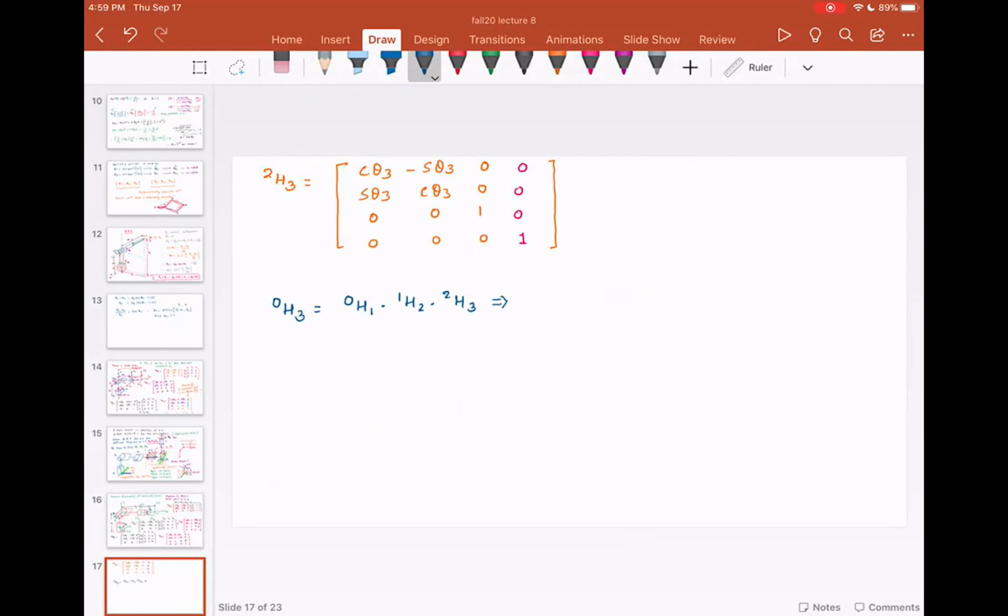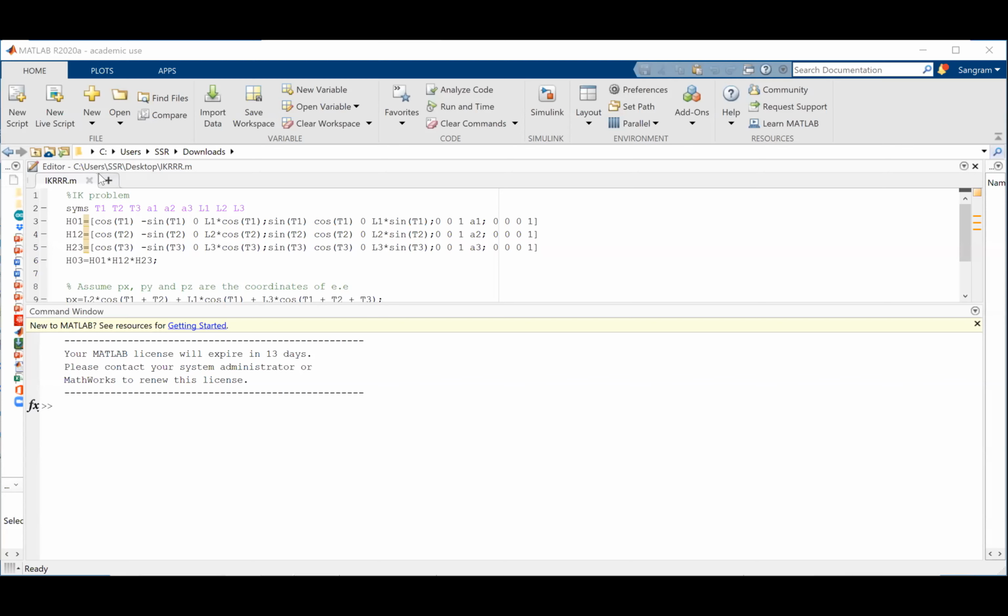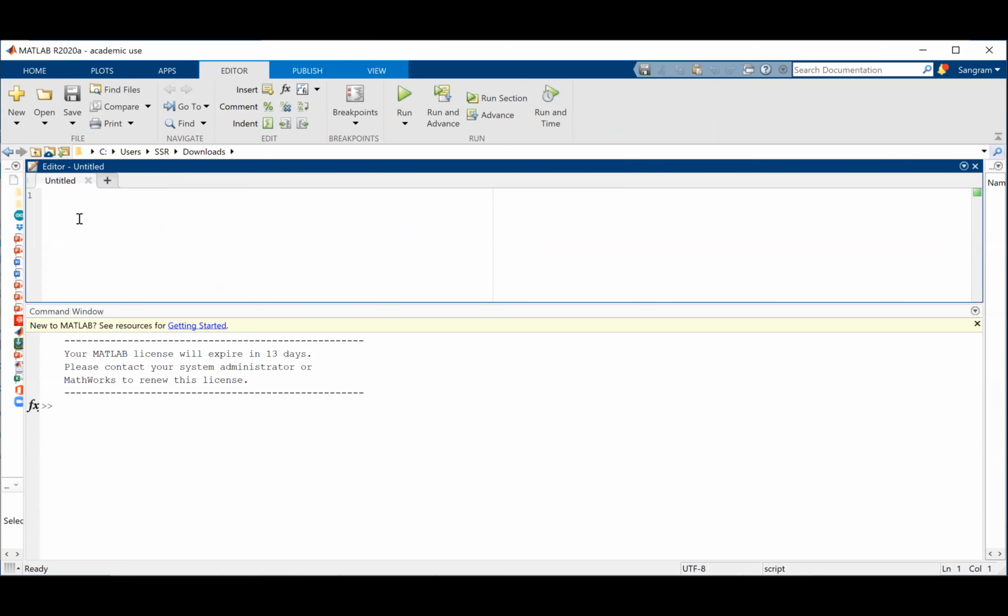So if you are with me, I would strongly recommend that you start up your MATLAB. So open up a new script, and I'm going to call this IK of spherical wrist.